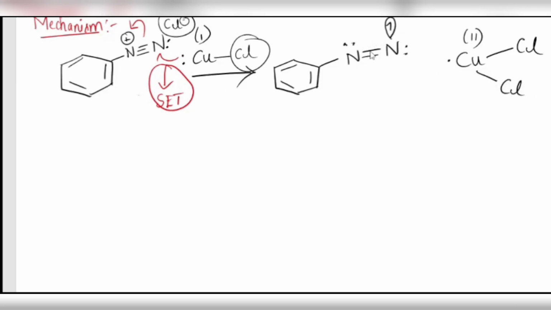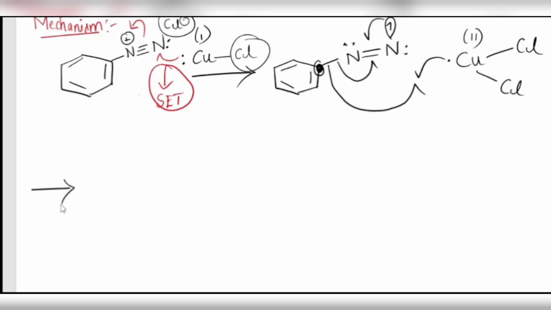Then in the next step, this particular one electron will be moving like this, and here one electron will be moving like this, and here one electron will be moving like this, and there will be a formation of bond between this particular carbon and this copper ion.